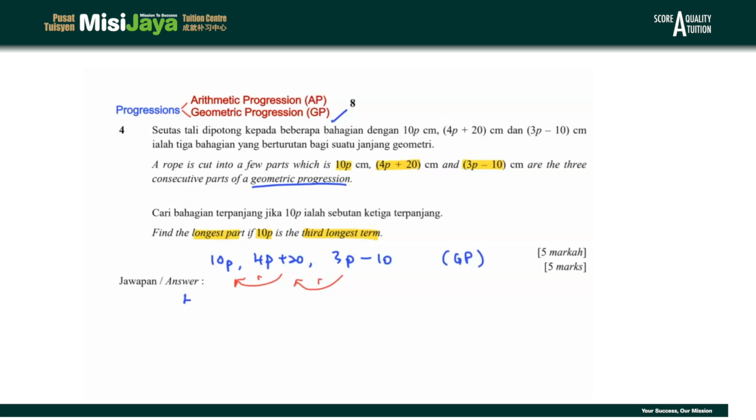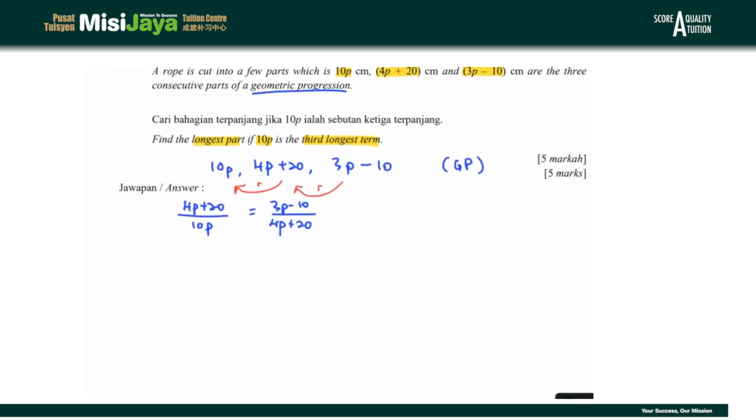So 4p plus 20 over 10p equals 3p minus 10 over 4p plus 20. Next I'm going to do cross multiplication to find my p. So it will be (4p plus 20) squared equals 10p times (3p minus 10).